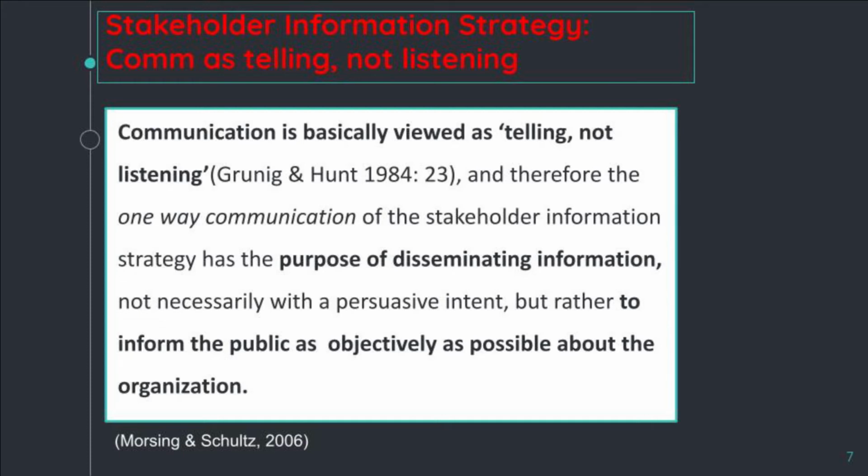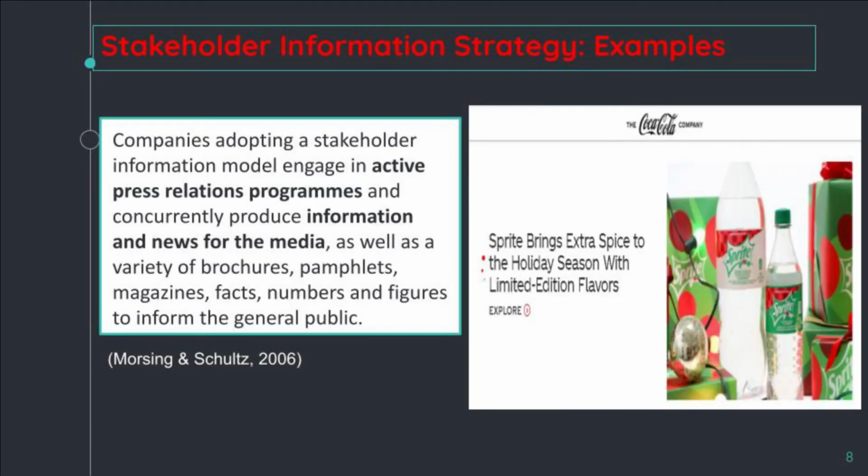But of course, there is still this intention of informing the public as objectively as possible about the organization. This is still similar to Grunig and Hunt's public information model, where it is said that communication is always one way, that is from the organization to its stakeholders.